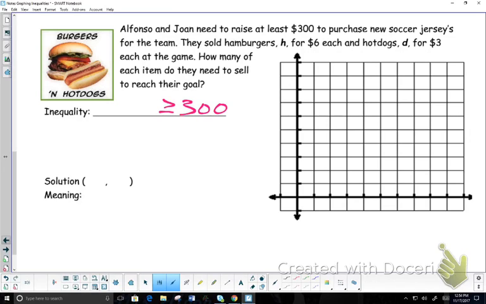So now I've got $6 hamburgers plus $3 hot dogs. Do you agree? Yes. Using the hamburgers equals 50.